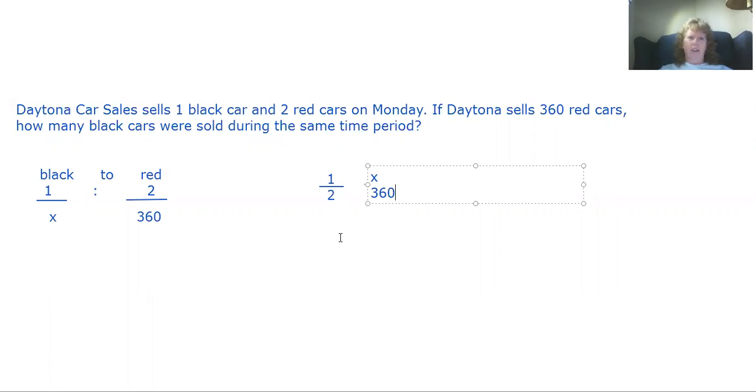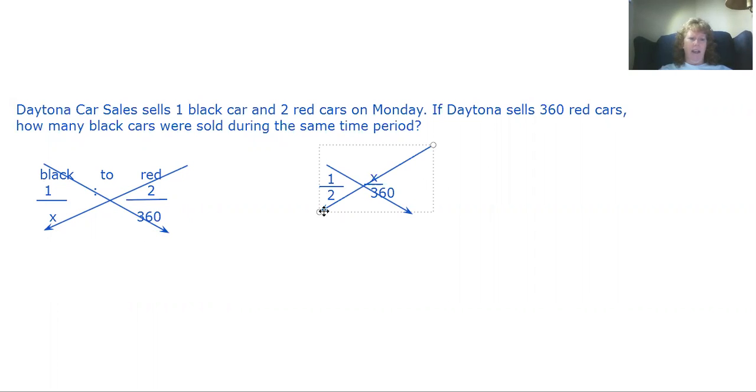Now if I cross multiply, I'll end up in both cases multiplying 2 times x, and that's written as 2x. That will be equal to 1 times 360, which will equal 360.